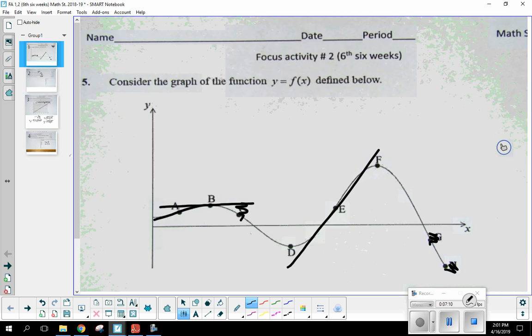Okay, so let me erase this. Where f is positive, but the derivative is negative. Okay, so don't say it out loud, but the questions we're thinking, where would the function be positive? How do I know? Okay, how do I know where the derivative would be negative?